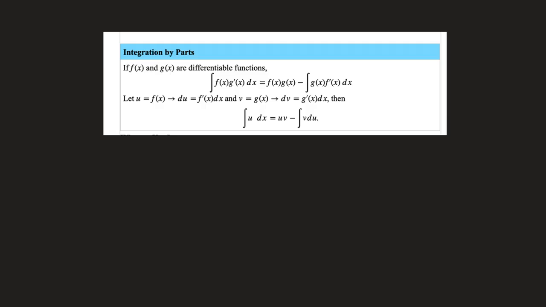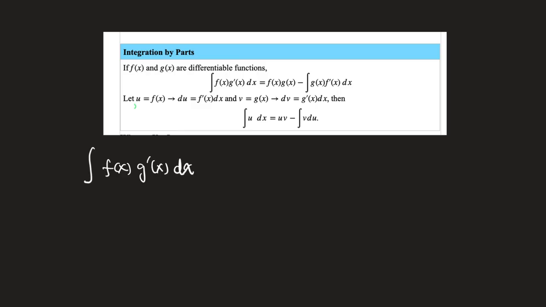We see integral f(x) g prime x dx equals f(x) g(x) minus integral g(x) f prime x dx. A simpler form is right here: you have f(x), f prime x, and here is integral f(x) g prime x dx.